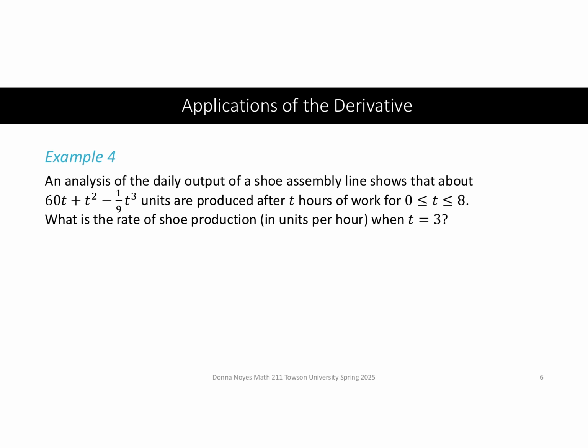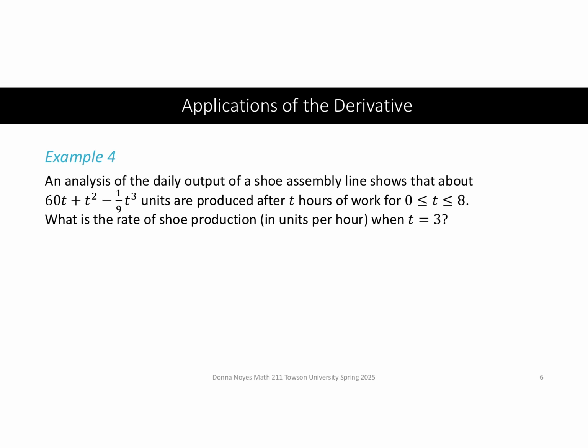So we would never, as business owners, allow our entire workforce to work overtime, which means that we wouldn't have the same level of production. Our level of production would go down after 8 hours because we're not going to allow all of our employees to keep working after 8 hours. So that's why we have that restriction that it's between 0 and 8 only, because that's just a normal 8-hour workday. So let's talk about what our rate of shoe production is when t is 3.